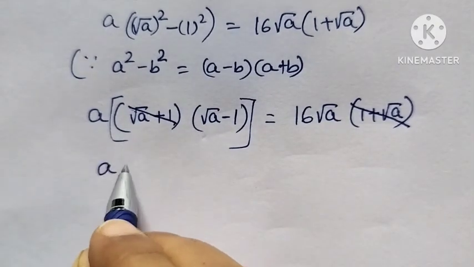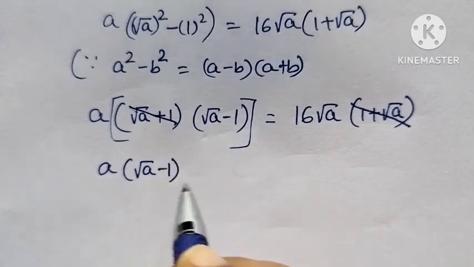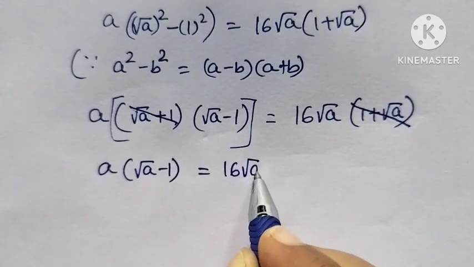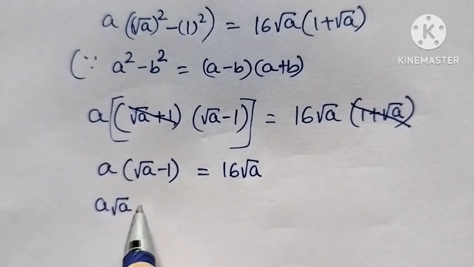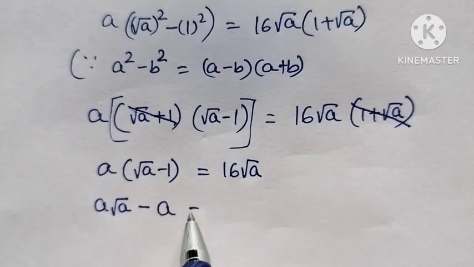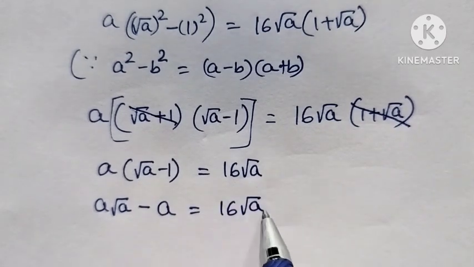Then the next step is root a into root a minus 1 is equal to 16 root a. Root a into root a minus root a is equal to 16 root a.